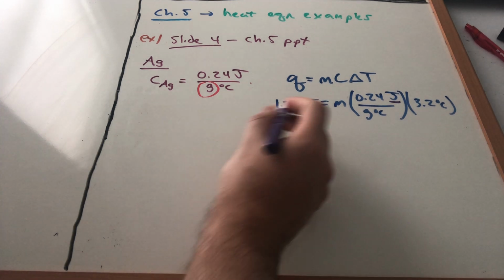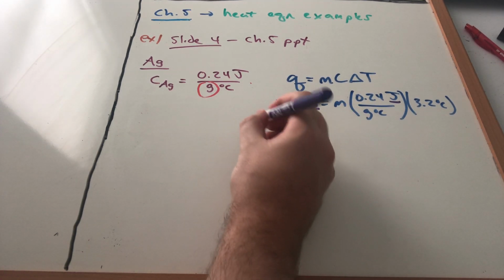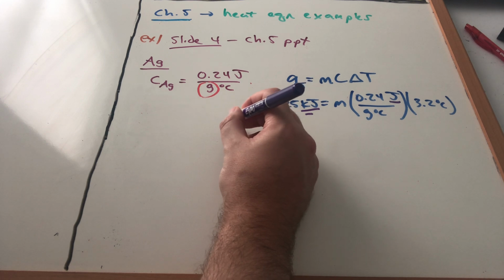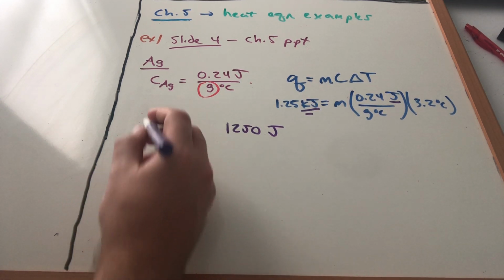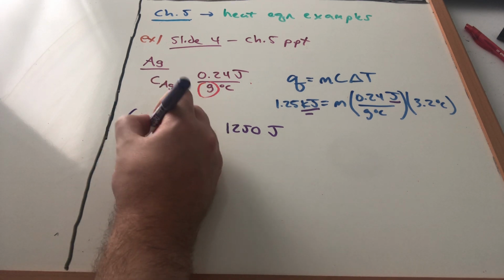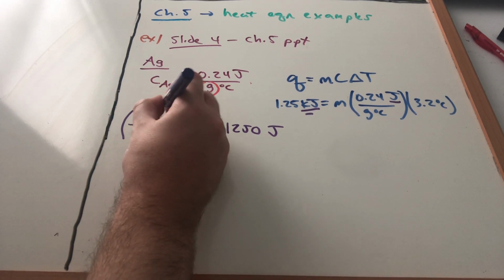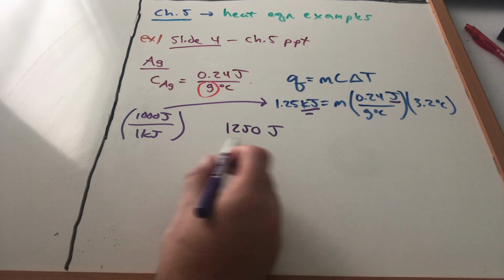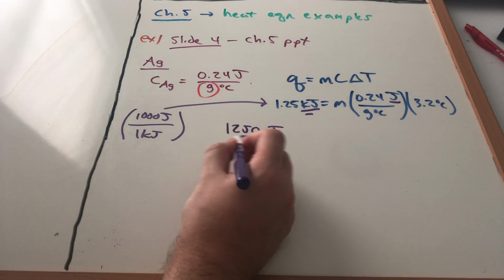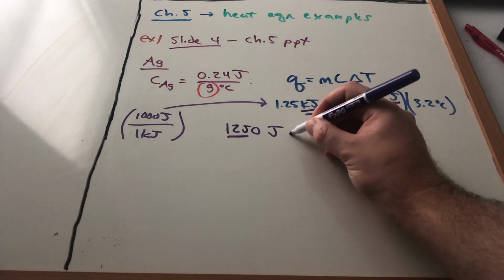But if I take this kilojoules and I turn it into joules, and we know how to do that, and I write this as 1250 joules, because in case you don't remember, 1 kilojoule is 1,000 joules. If I use this conversion factor, I can turn this into 1250 joules with 3 significant figures.